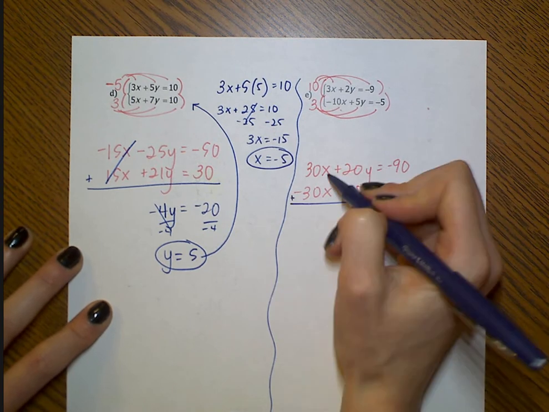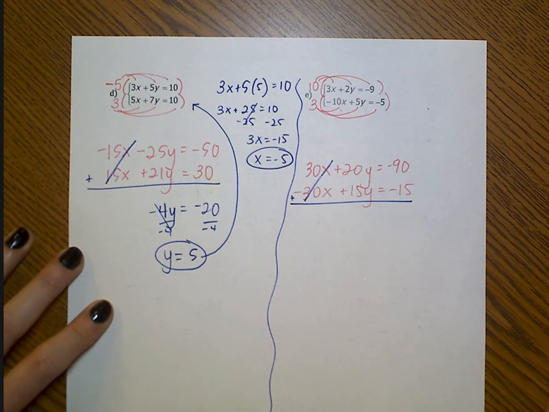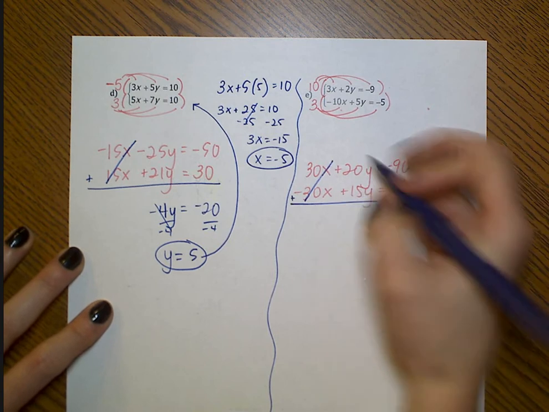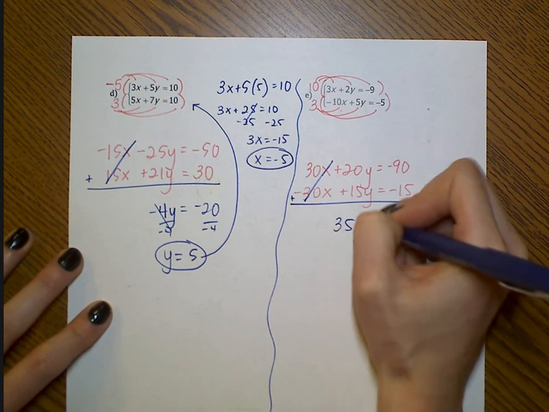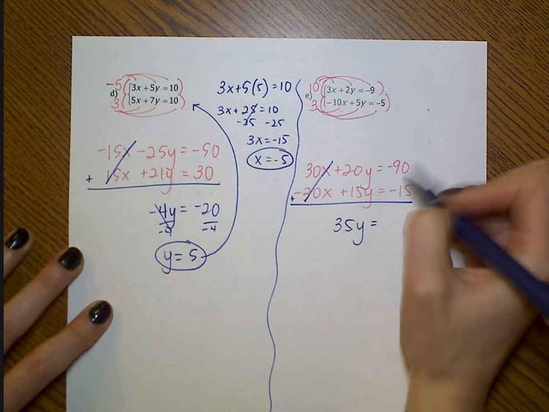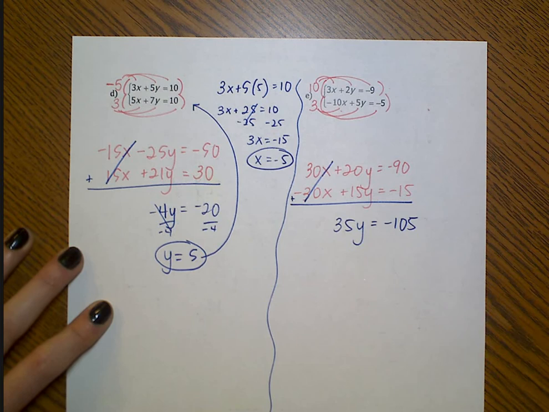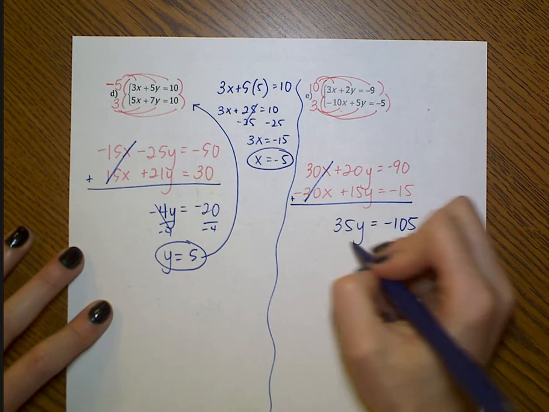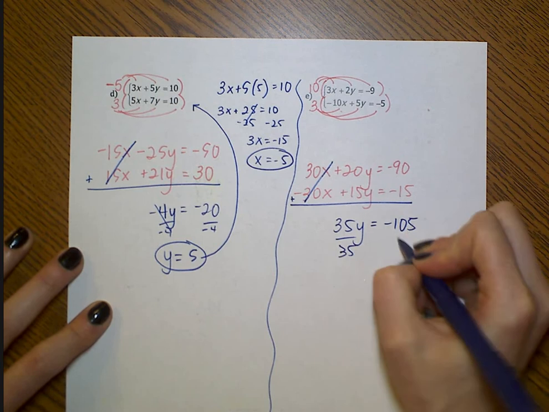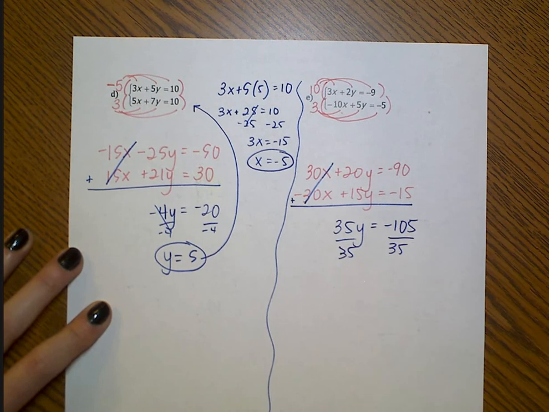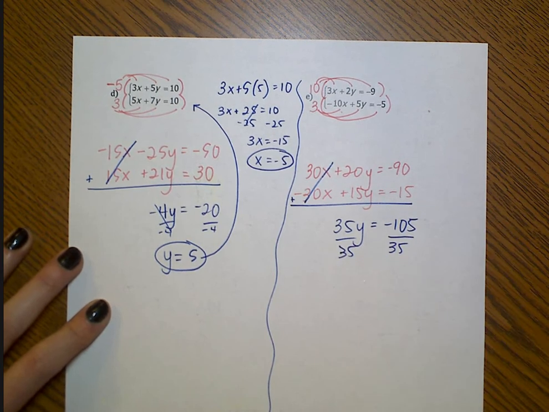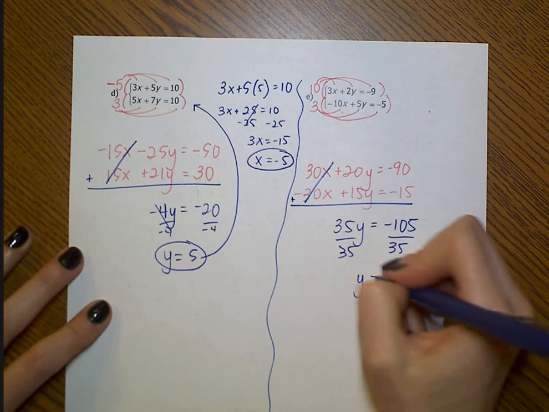And the x's eliminate again, that's 0. 20 plus 15 is 35y. And then -90 plus -15 is -105. Okay, last step is divide by 35. And it should come out nicely. Y is -3.